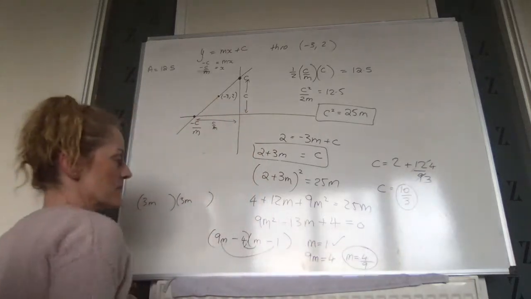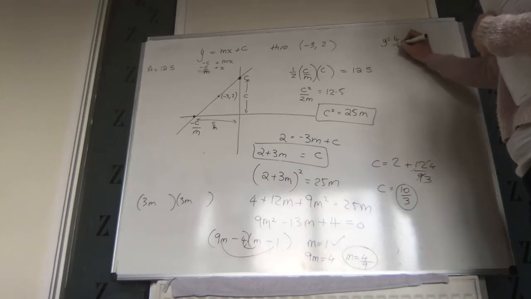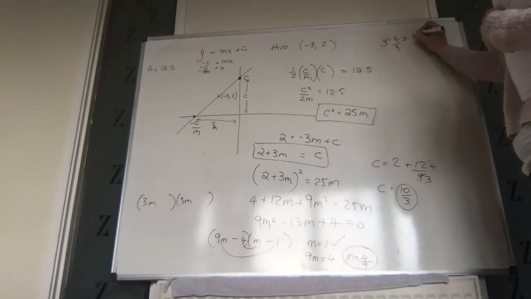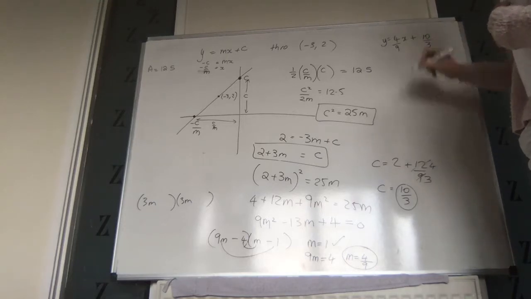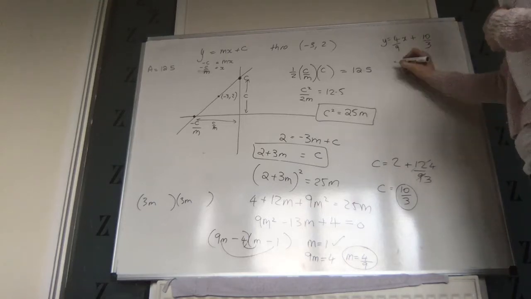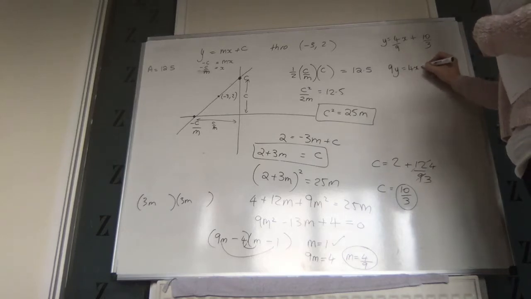So what does that give us for the equation then? y equals mx plus c. And again, if we want, we can multiply across by 9. So 9y equals 4x plus 30.